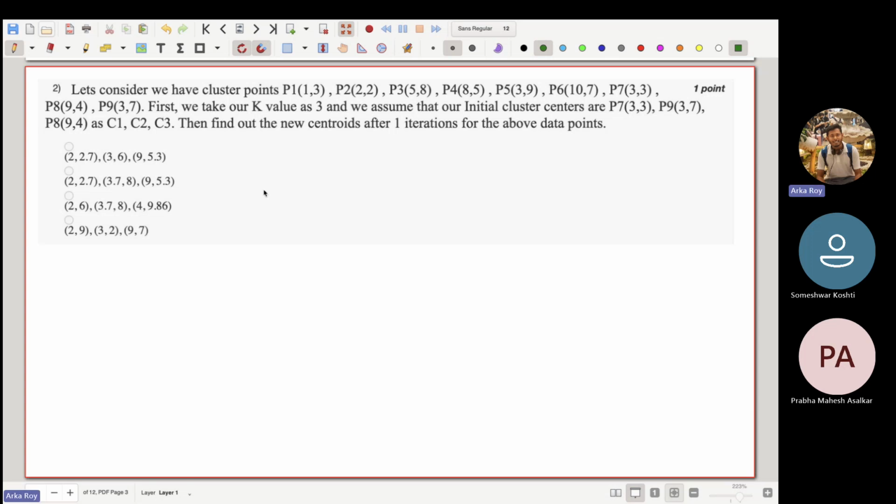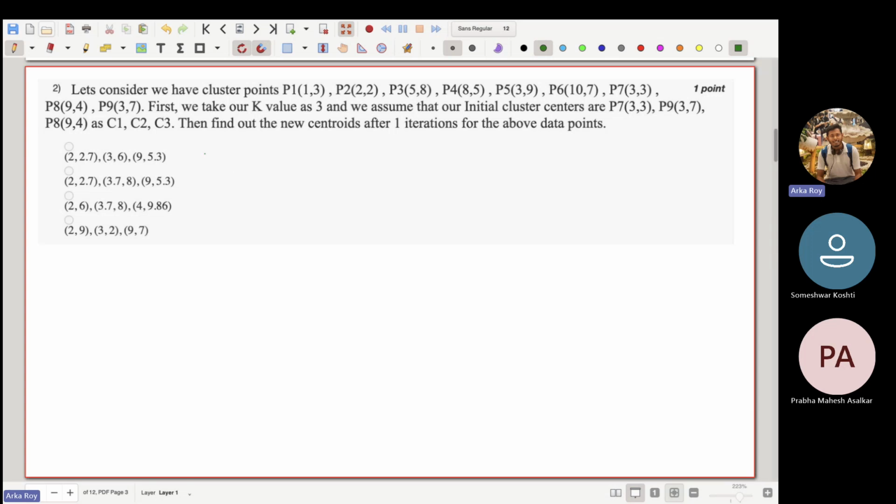Then find out after iteration 1 what the new centroids would be. As I have already told you, k-means clustering is an iterative process, so we have to see how iteratively we can find the updated centroids.